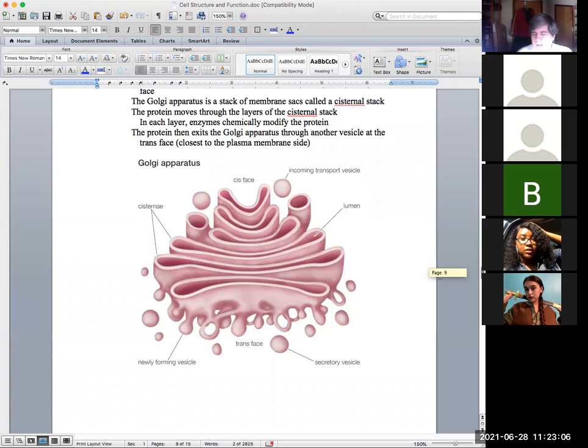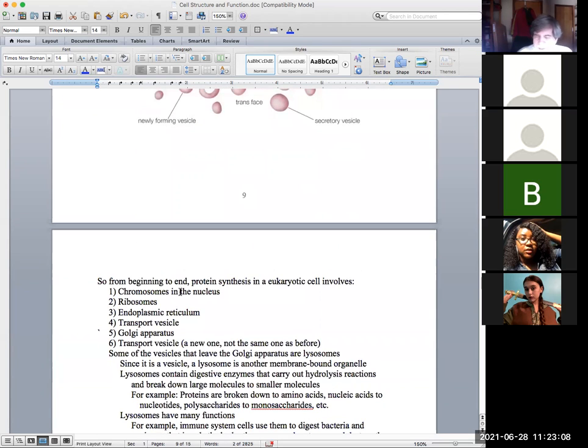So if we look at a complete picture of how a eukaryotic cell does protein synthesis, we start out with the chromosomes. That's where our instructions are. A copy of the instructions gets sent to the ribosomes. From the ribosomes, most proteins move inside the endoplasmic reticulum to move to their final destination.